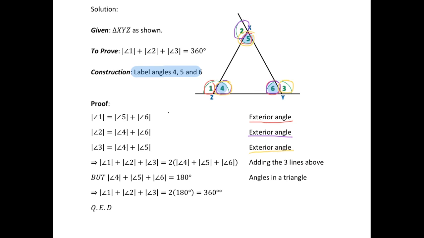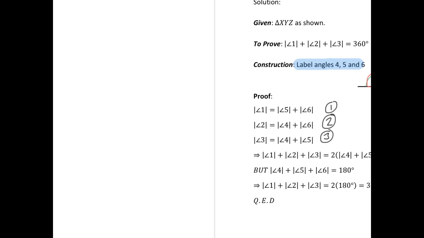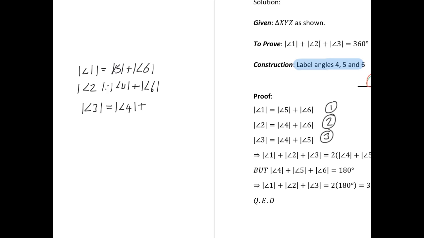So these three lines here, 1, 2, and 3, because if we look over here for a moment, we have the angle 1 is equal to the angle 5 plus the angle 6. Angle 2 is equal to angle 4 plus angle 6. Angle 3 is equal to angle 4 plus angle 5.